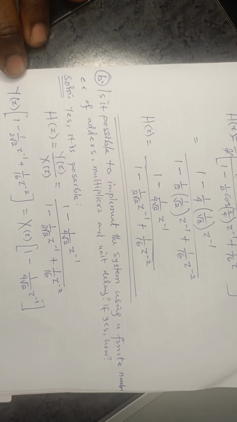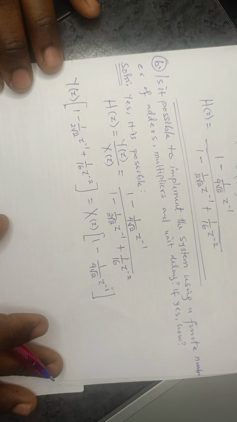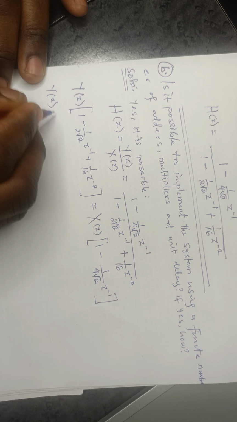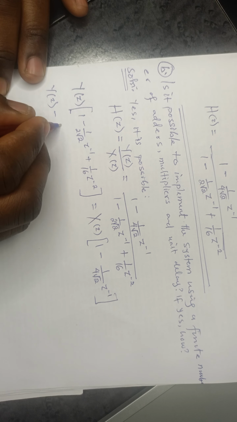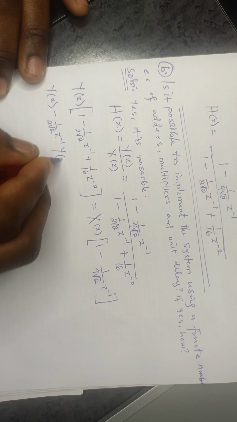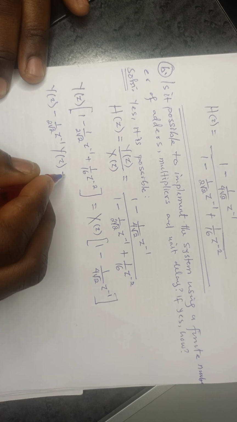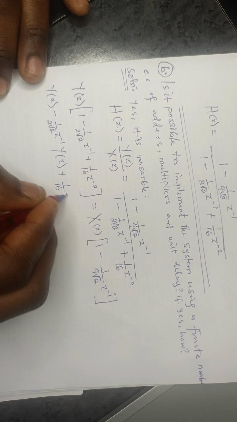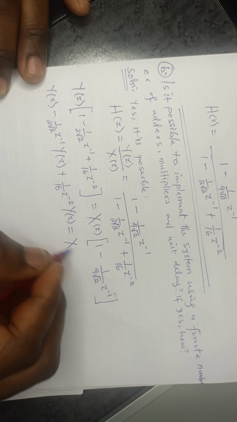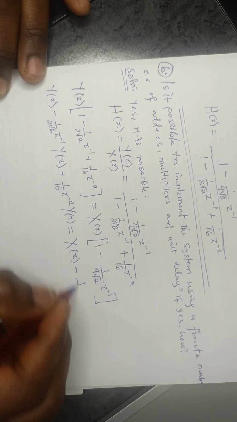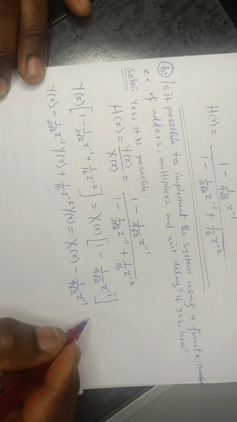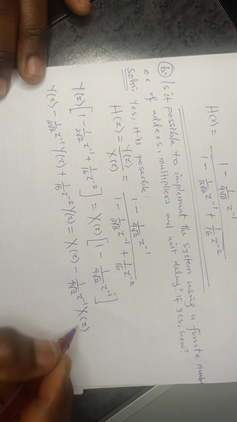All right, so now what we'll do at this point is to expand the brackets. Y of z minus 1 all over 2 root 2 z to the power minus 1 Y of z plus 1 all over 16 z to the power minus 2 Y of z, and this is going to be X of z minus 1 all over 4 root 2 z to the power minus 1 X of z.